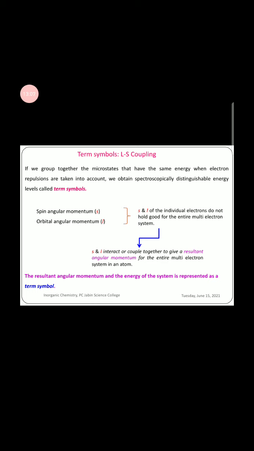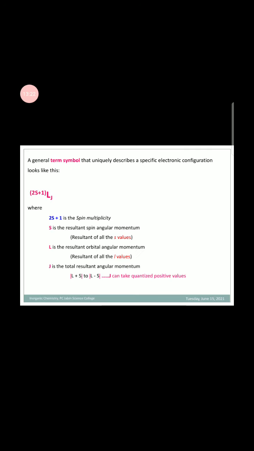S and L interact or couple together to give a resultant angular momentum for the entire multi-electron system. The resultant angular momentum and energy of the system is represented as the term symbol. Here is the general term symbol that uniquely describes the specific electronic configuration, and it looks like this.